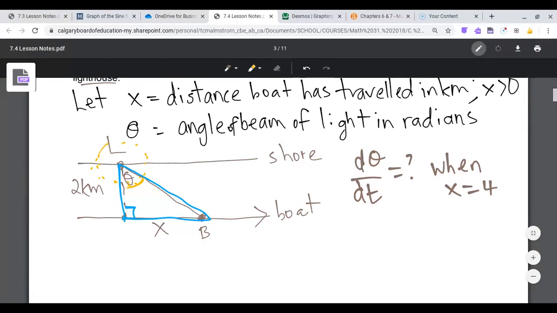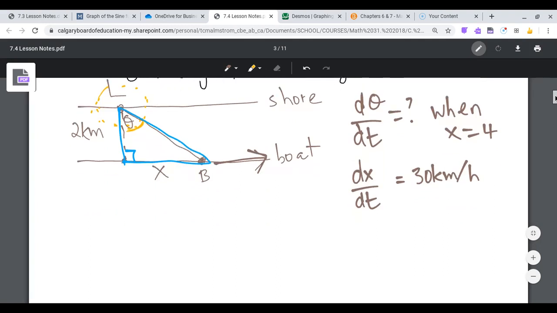And what I know is that the boat is cruising at a speed, so that would be dx dt, at a speed of 30 kilometers an hour. And that's going to be positive because the distance is increasing. The quantity is increasing as the boat moves past the lighthouse. So that's a positive rate.